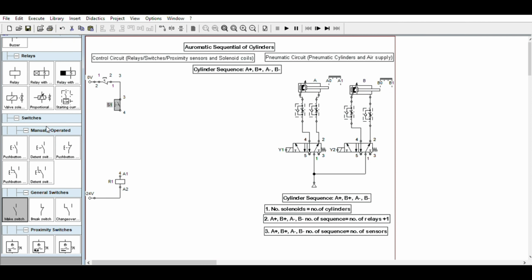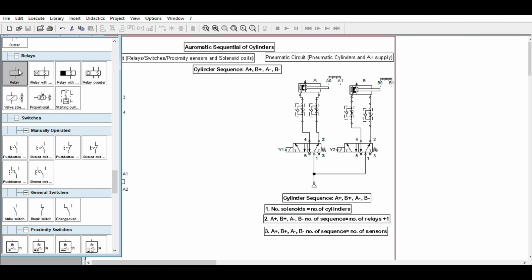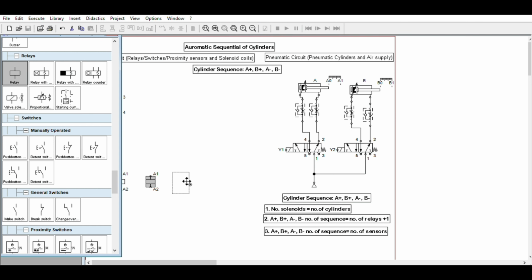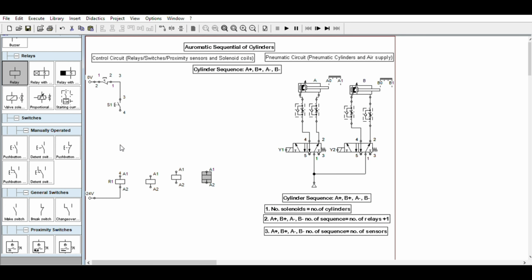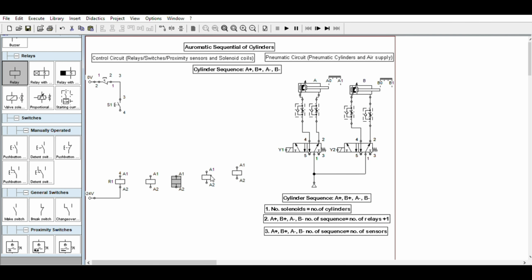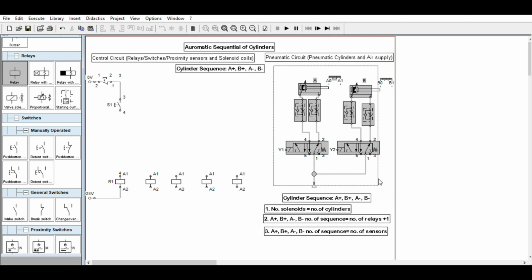So we need 5 relays: one, two, three, four, 5. It depends on the circuit we are trying to make. We need timers. We need some space here.